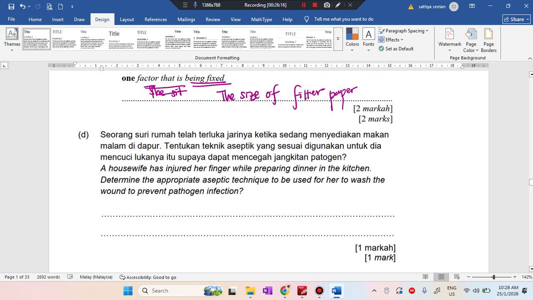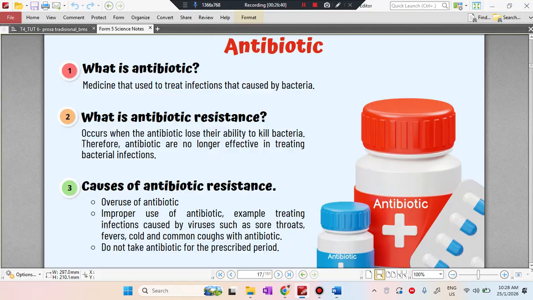Okay, next one. A housewife was injured on a finger while preparing dinner in the kitchen. Determine the appropriate aseptic technique. Remember aseptic technique? If we get a cut on our finger, what is the aseptic technique that we need to use? Don't put disinfectant, later you die. Put antiseptic, right? Already forgotten.